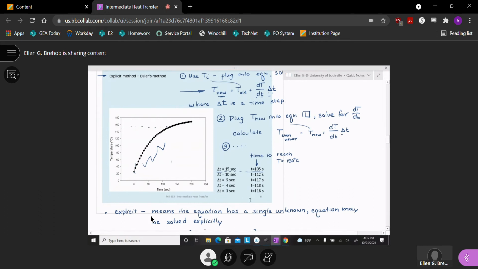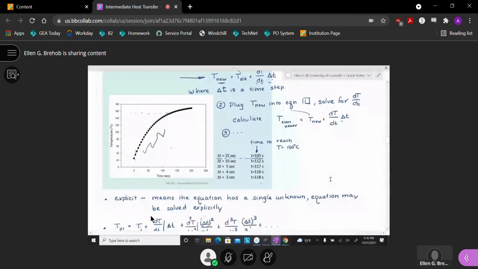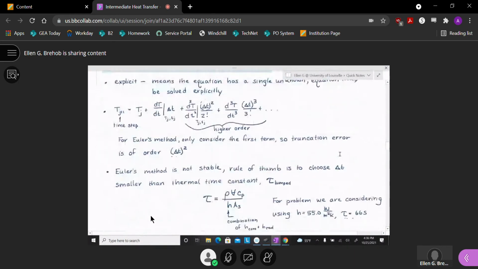All right, so we saw this really kind of rough, explicit method for solving for temperature at these different time steps. And this is a numerical integration, and it allows us to handle radiation, which is often the problematic term. Okay, but let's look at one more option.